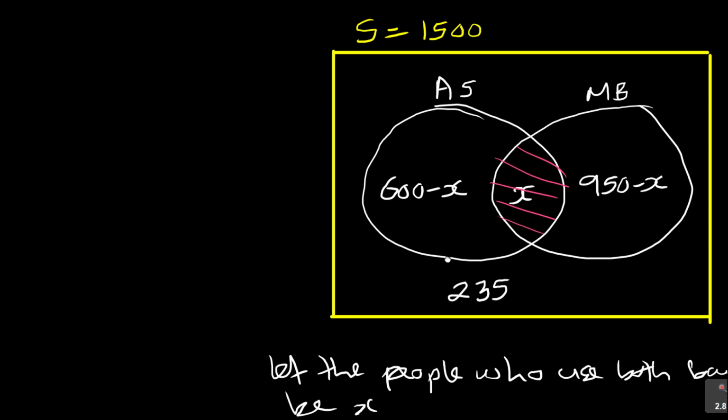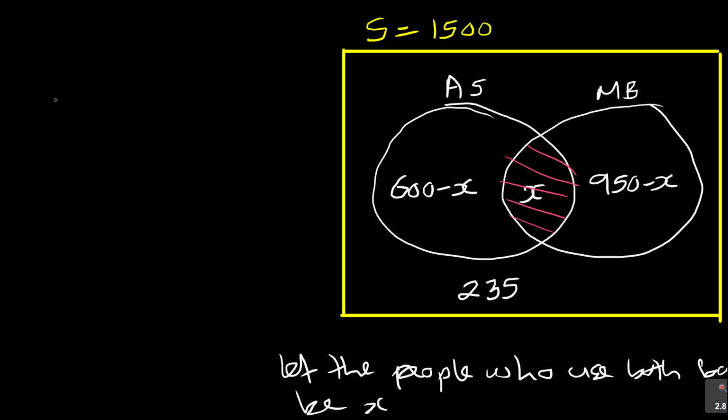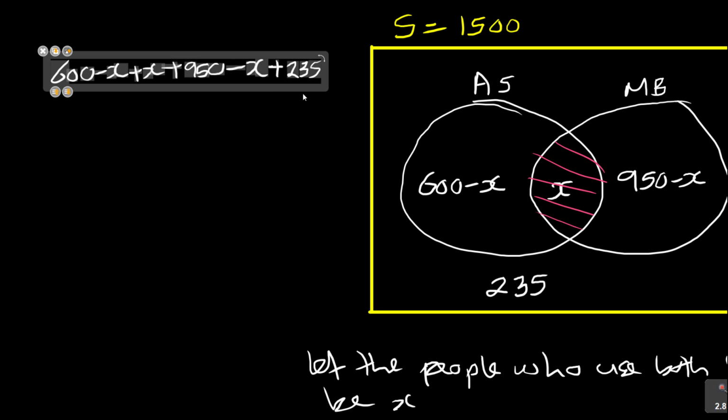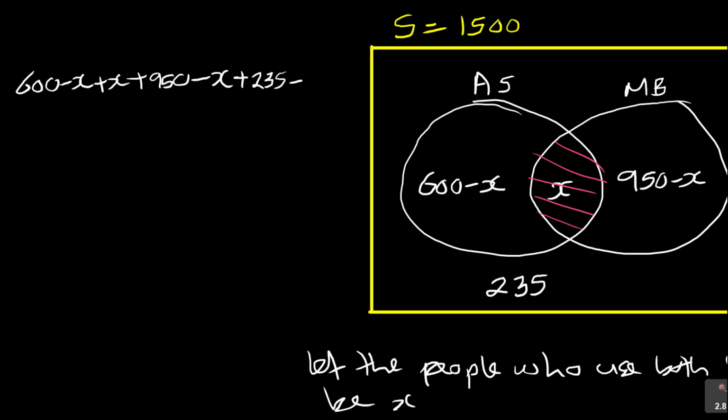I solve it like this: 600 minus X plus 950 minus X plus 235. You add everything. It must give us everything here, 1,500.